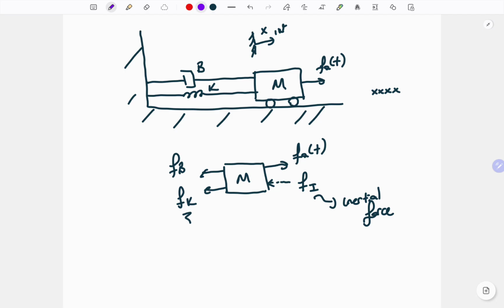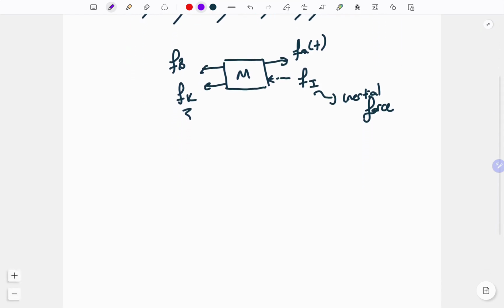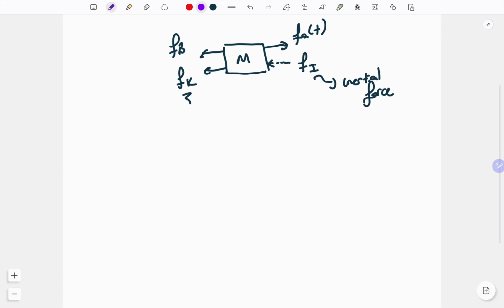After we draw this free body diagram, we don't need the figure anymore. So let's explain this free body diagram with the expressions. So we have a mass, and we will try to pull to the right side with the Fa applied force in the time domain.